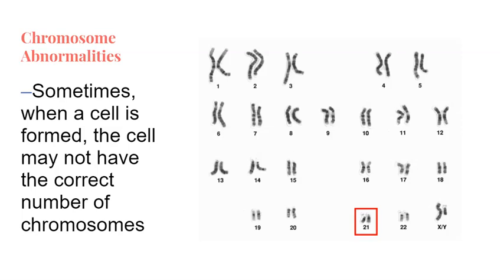experience chromosome abnormalities. And when we talk about abnormalities, we're talking about when a cell is formed, the cell may not have the correct number of chromosomes. So for example, we may have chromosomes that are missing, or you may have cells where there are too many chromosomes.